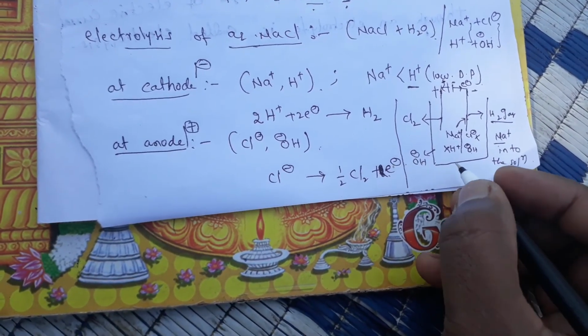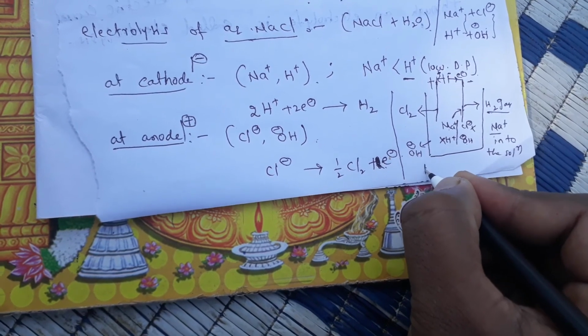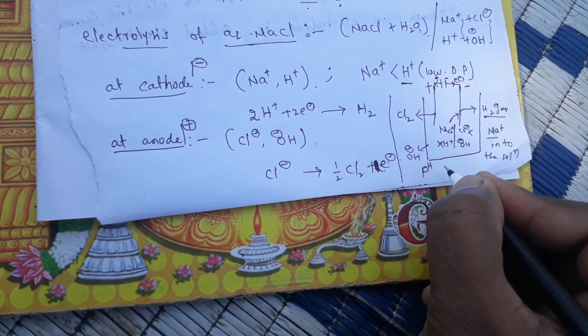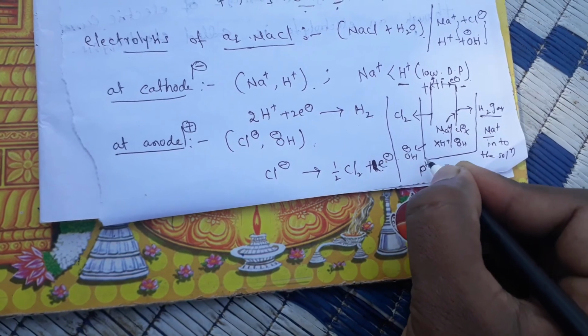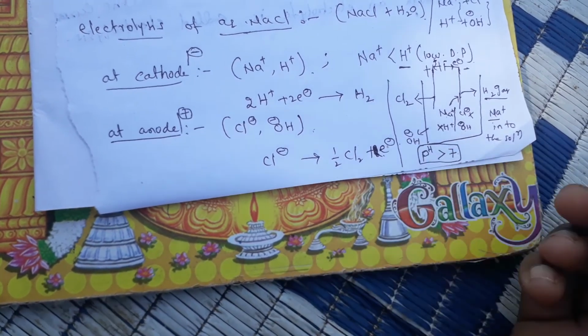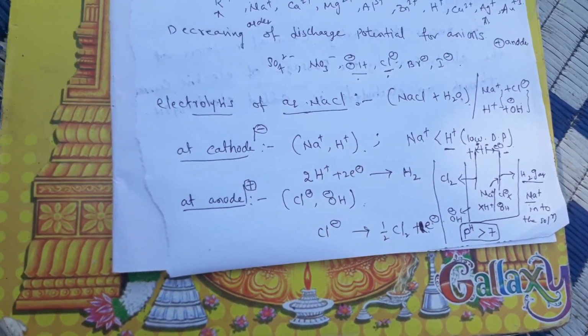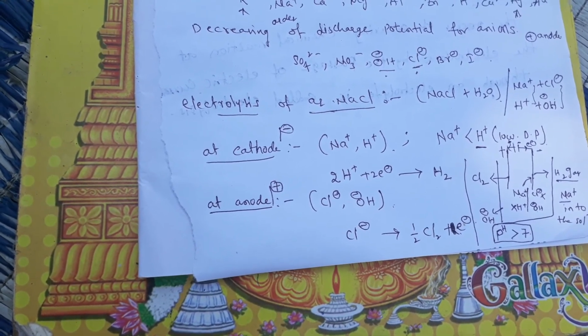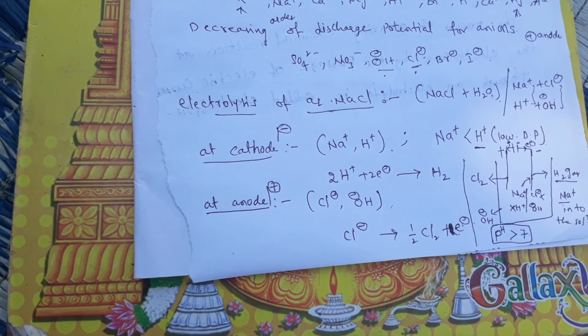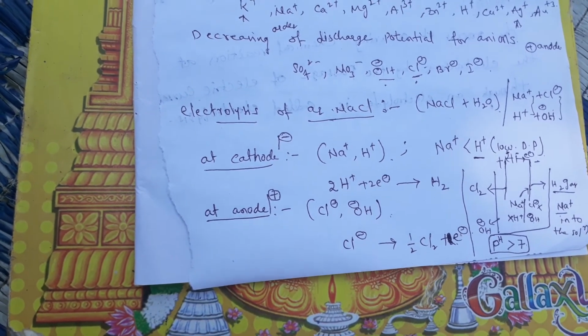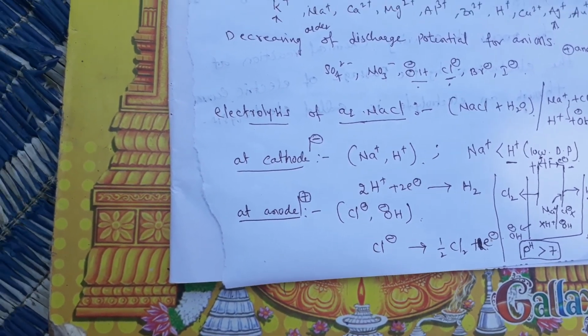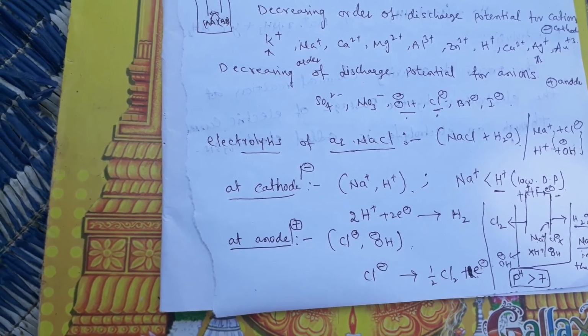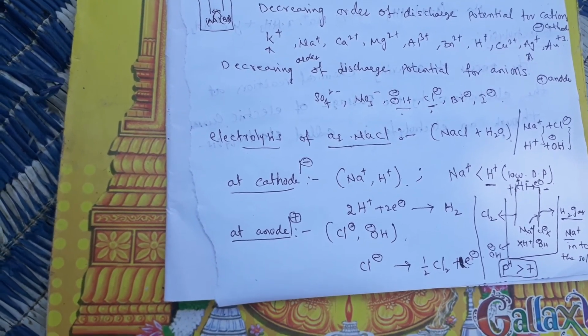So obviously the solution becomes basic, so the pH of the solution is greater than 7. During the electrolysis, OH minus ion concentration increases, therefore pH increases and pOH decreases. This is the discharge potential theory.